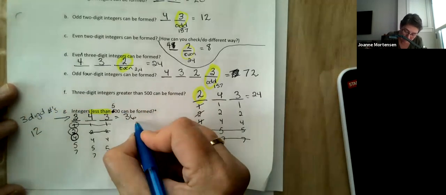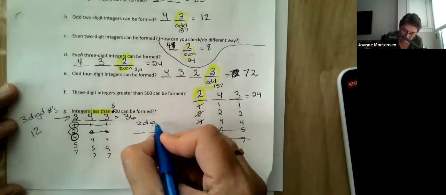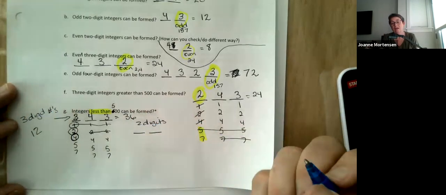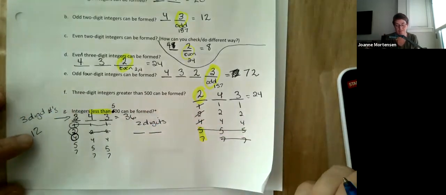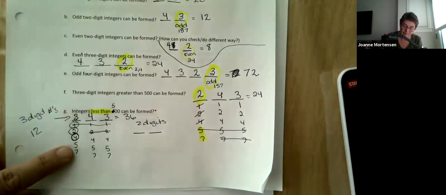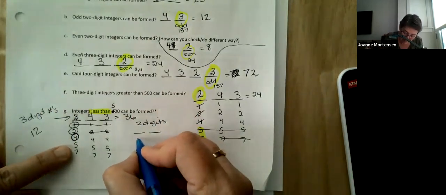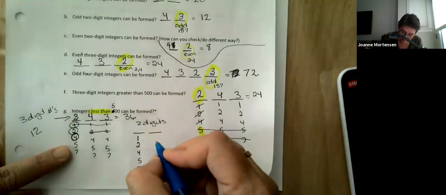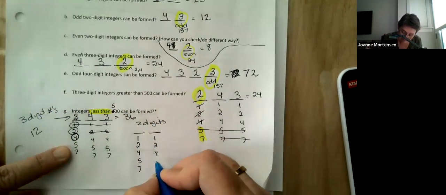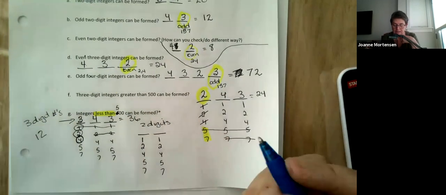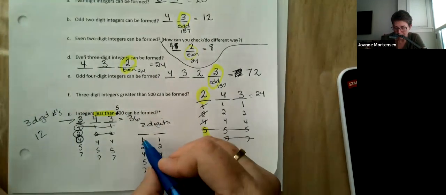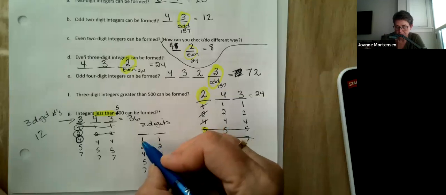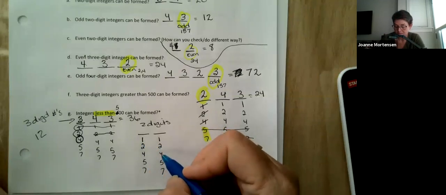Now I'm going to do the 2 digits. Now, if I have a 2-digit number, I'm going to write them again. 1, 2, 4. And it starts with a 1. So like 12. That's less.